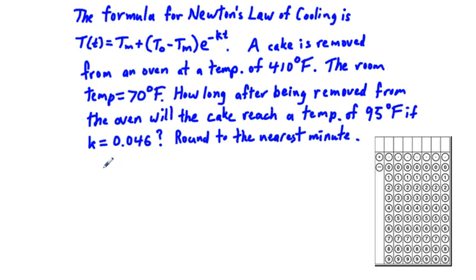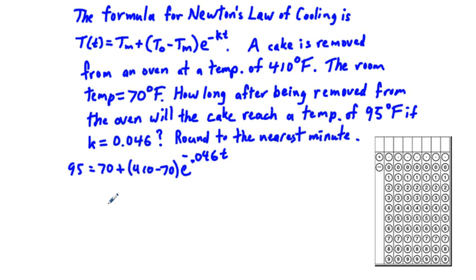So our formula is going to be T sub T, our final temperature of 95 degrees, equal to the temperature of the medium, which is 70, plus 410 minus our medium temperature, which is 70, times e to the negative 0.046 t.